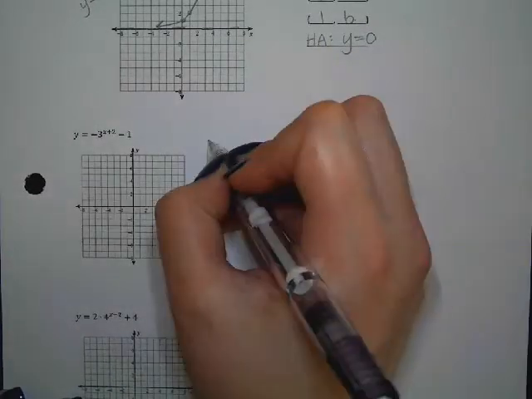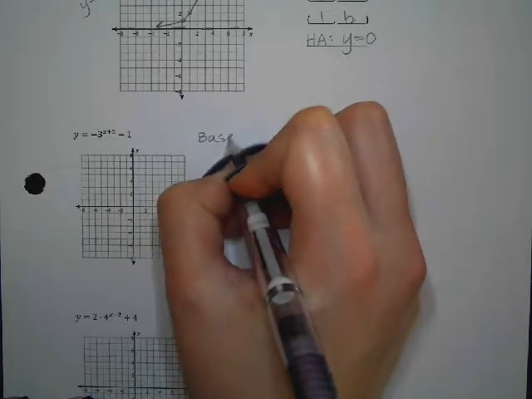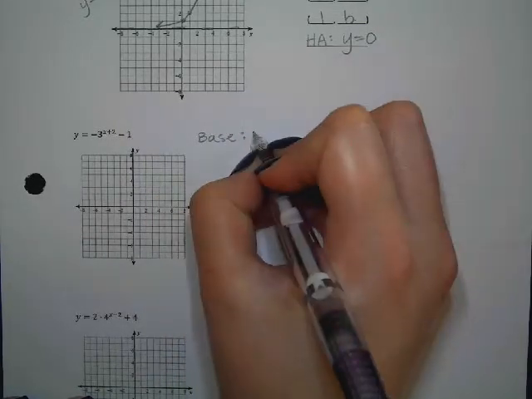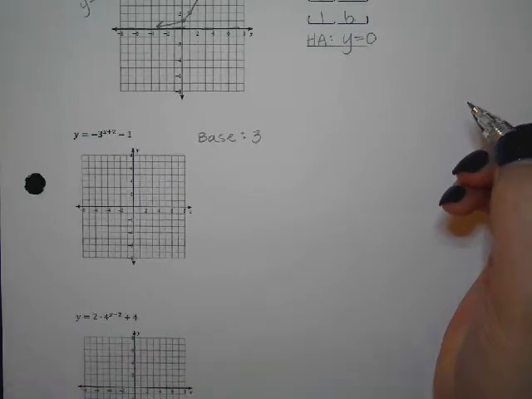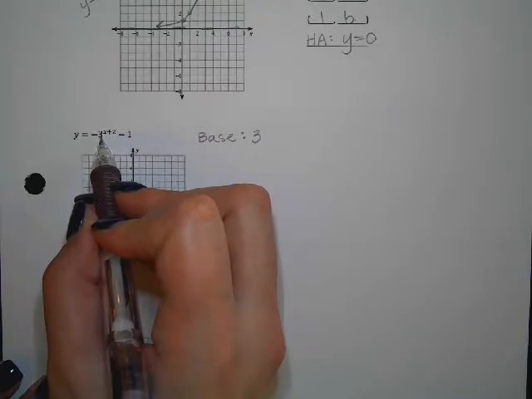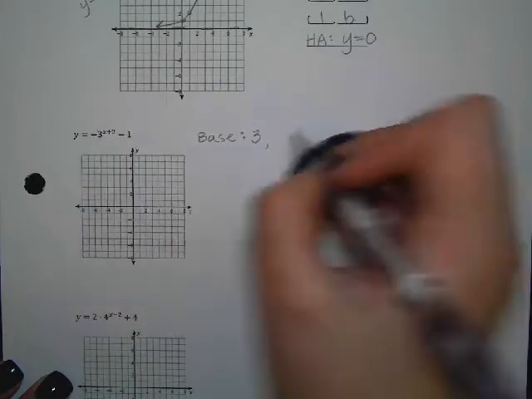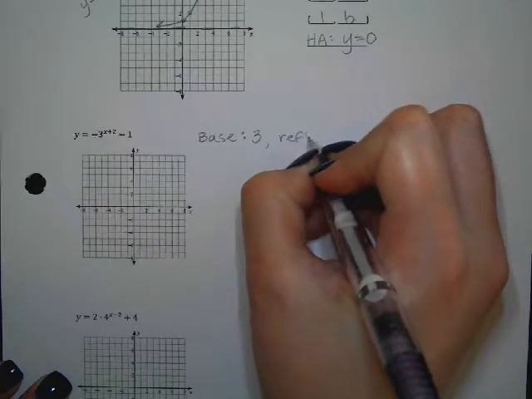So first, before we find anything else, we're always going to have to know what the base is. And the reason that we want to know the base is because we want to make sure we don't confuse it with a transformation. So this particular function has a base of 3. And then aside from the base of 3, it's been reflected over the x-axis.